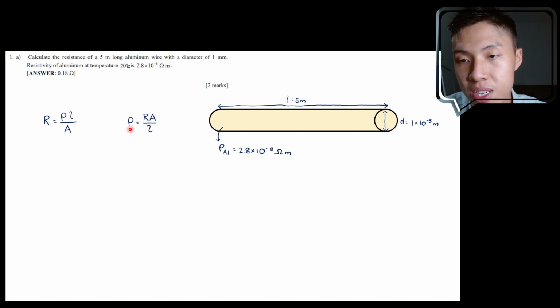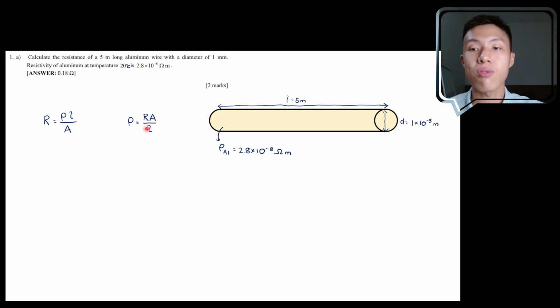Resistivity is the resistance of a conductor with 1 meter square cross-sectional area and a length of 1 meter. So if you want to determine the resistivity of a material, you take that material and shape it into something with 1 meter square cross-sectional area and 1 meter length.